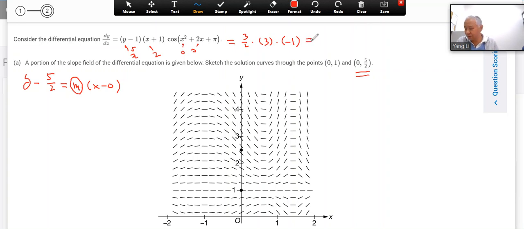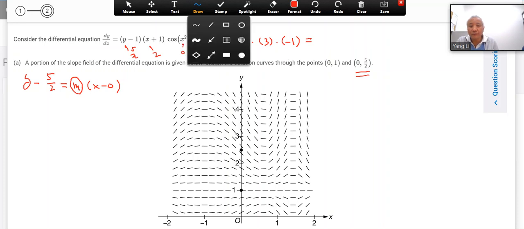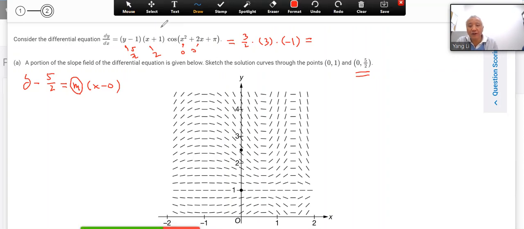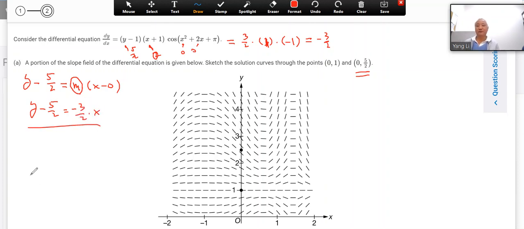So we're going to have the slope. We just simply plug in, right? This one x must be 0, so 0 plus 1, this is a 1. And then this one here, we can get -3/2, okay? So right now we can write y minus 5/2 equals -3/2 times x. So that will be the answer for B, okay?